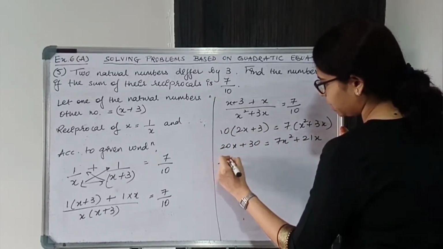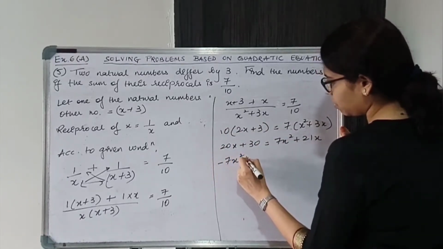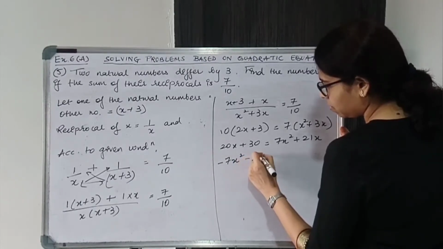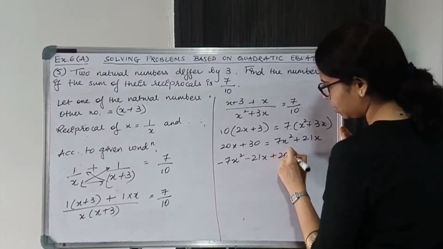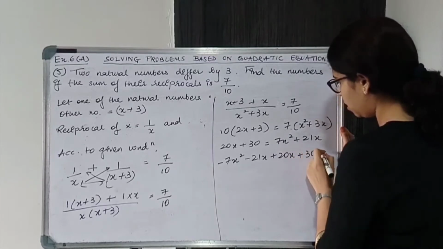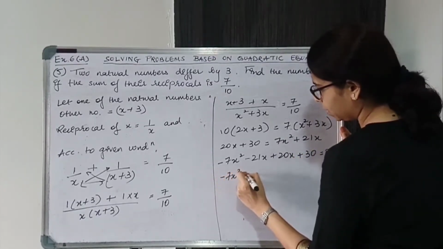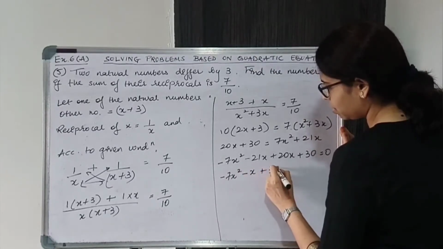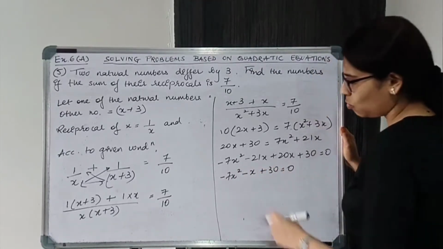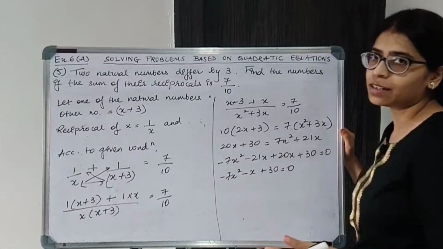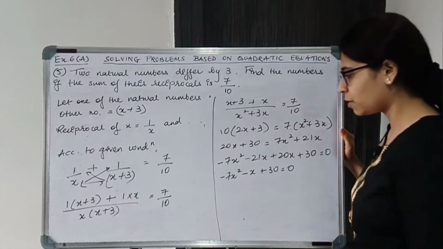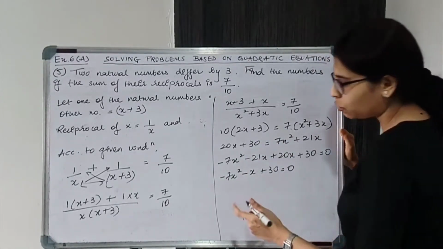So minus 7x square minus 21x plus 20x plus 30 is equal to 0. So minus 7x square minus x plus 30 is equal to 0. So instead of keeping x square negative, make it positive. So multiply by -1 throughout.